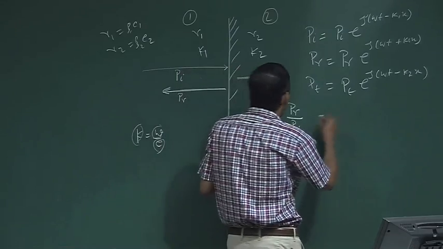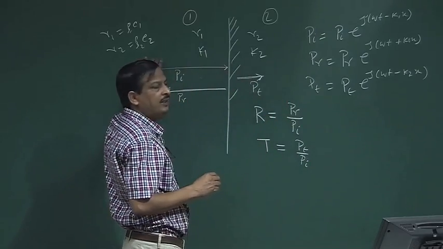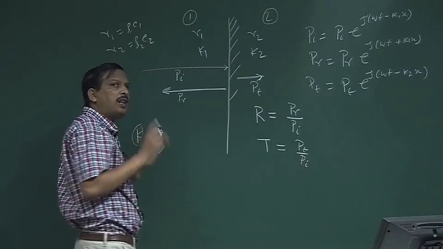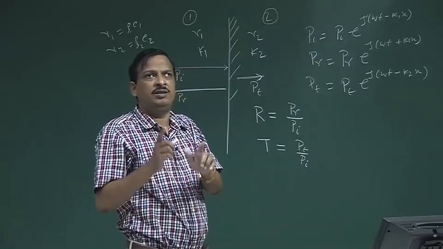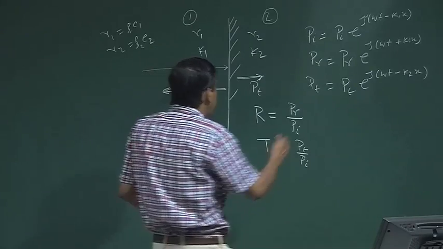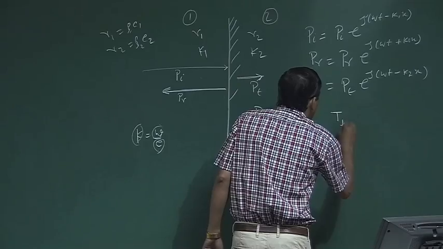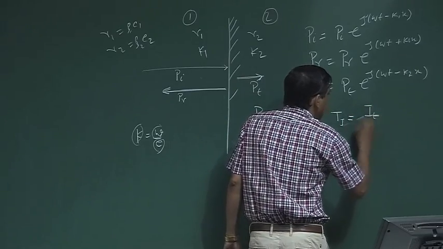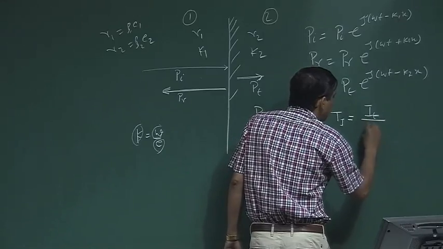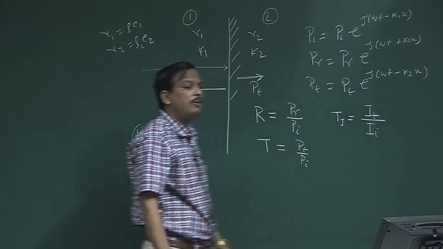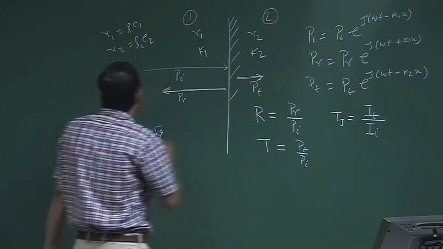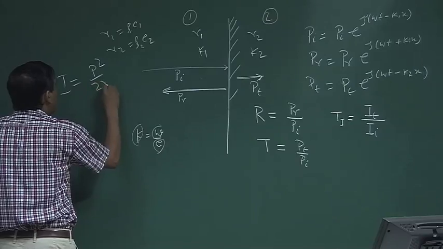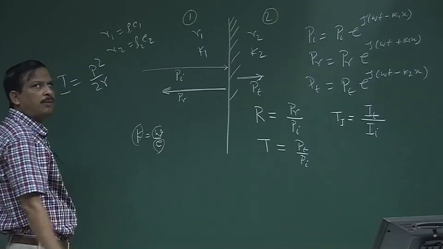Now, what amount of intensity will be transmitted and what amount will be reflected? I want to find the intensity coefficient of the incident wave. If Ti is the transmitted intensity coefficient, it is the transmitted intensity It divided by the incident intensity. You know the intensity I is p square by 2 rho c, that is, p square by 2r.